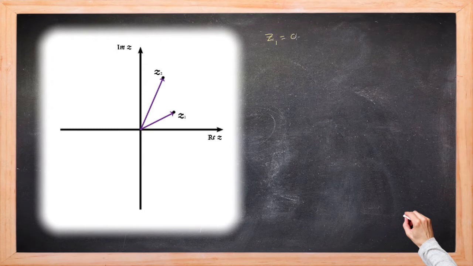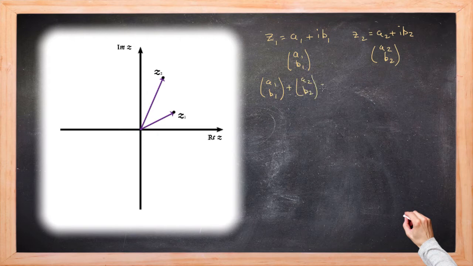So for instance, if we have a complex number z1, a1 plus i b1, then its associated vector would have components a1 and b1. z2, a2 plus i b2, its associated vector a2, b2. Now it's a very simple matter to add two vectors together by adding their corresponding components.